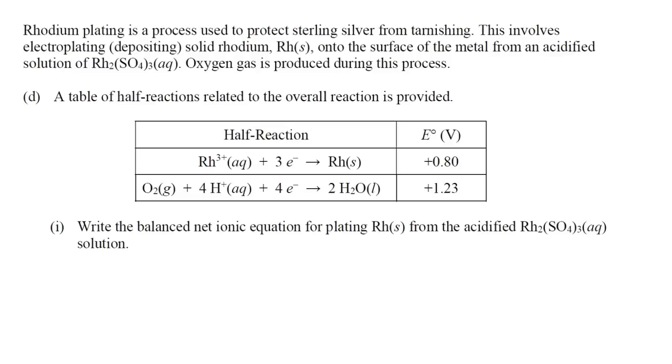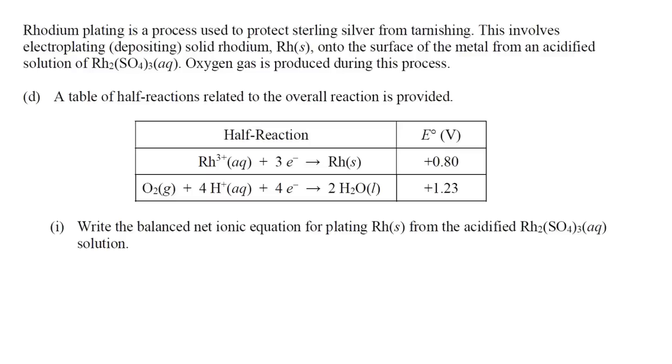Now, if on the AP Chemistry exam you see a question in which you are given a table with 2 half reactions, and you are asked to write the balanced net ionic equation for a particular electrochemical reaction, this could be a galvanic cell, or this could be an electrolytic cell, but if you're combining two half reactions together, you need one of each.